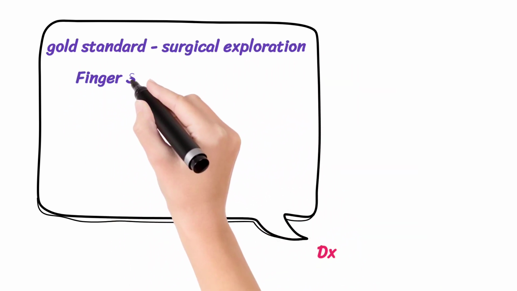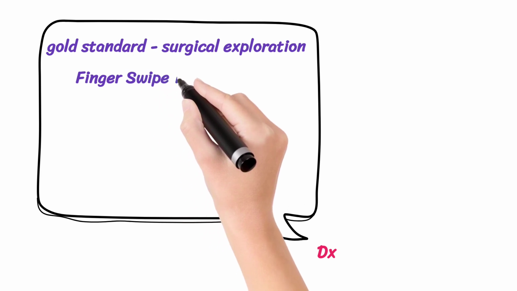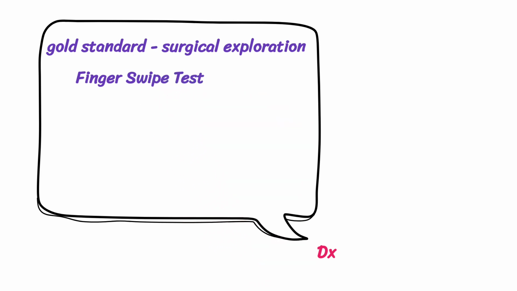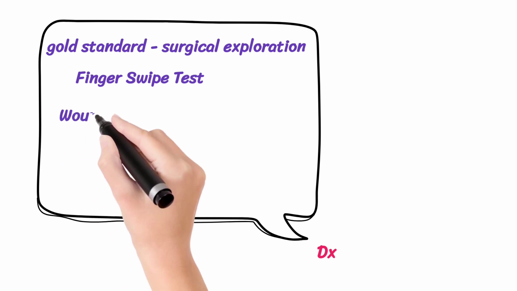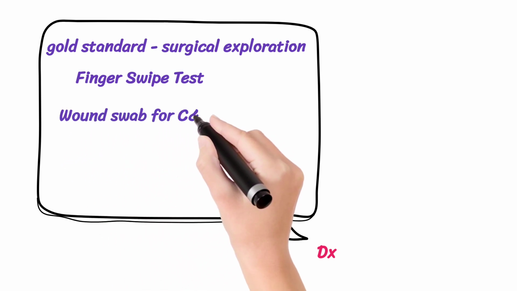So in the finger swipe test, if you are really doubting the diagnosis, or you cannot do surgical exploration, then you do the finger swipe test. You take a finger, and if you can easily separate the tissue along the fascial plane, then it is positive, and that is known as the finger swipe test.